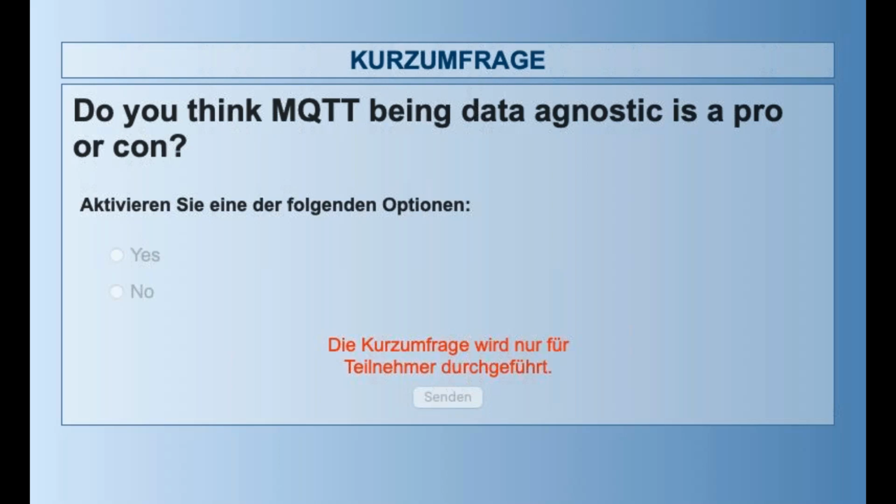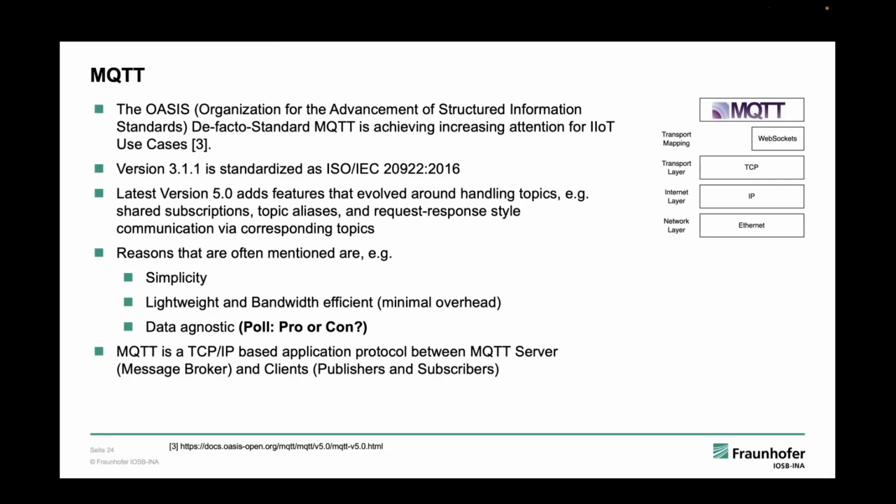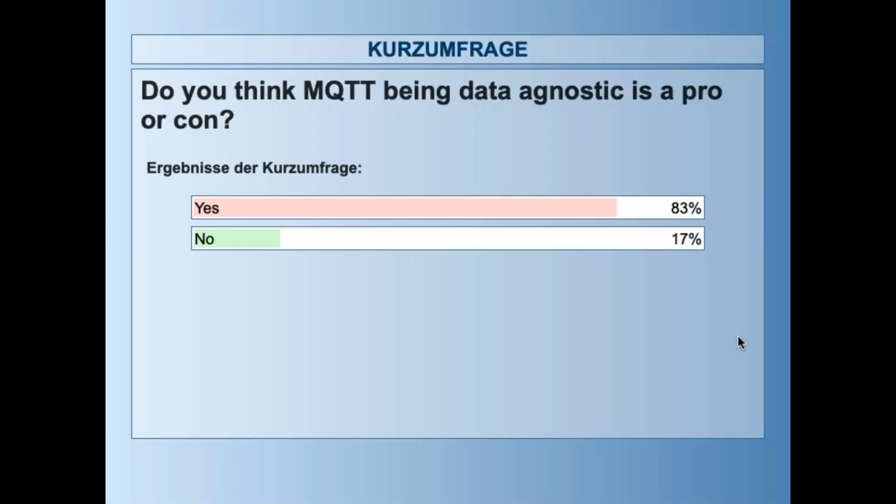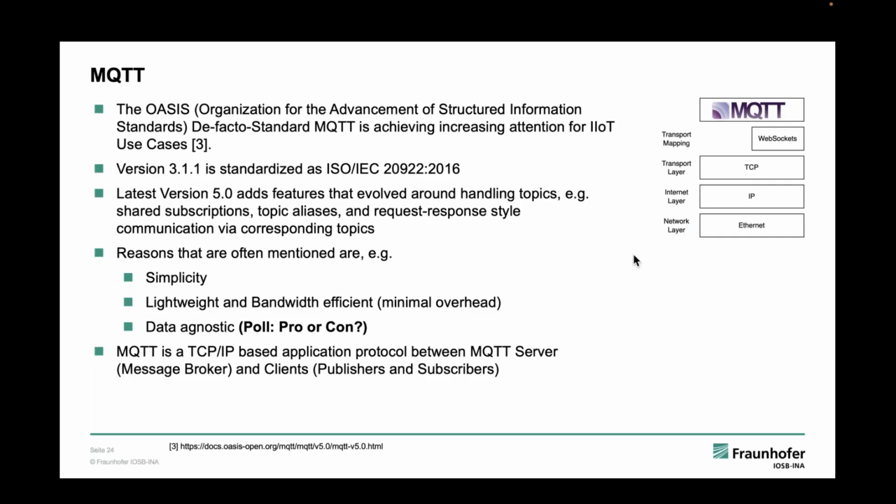You see the poll, I guess, and you will see the slide after the poll is finished. It should be finished. And we see that, oh, that's interesting. 83% said that MQTT being data agnostic is actually a pro. Okay, let's see what you think after our talk today.